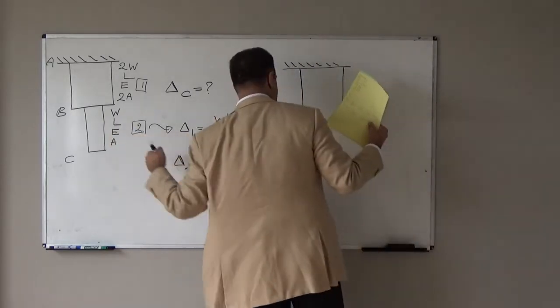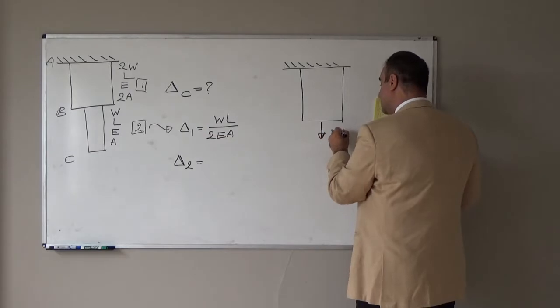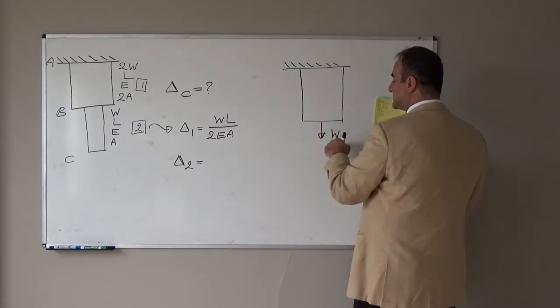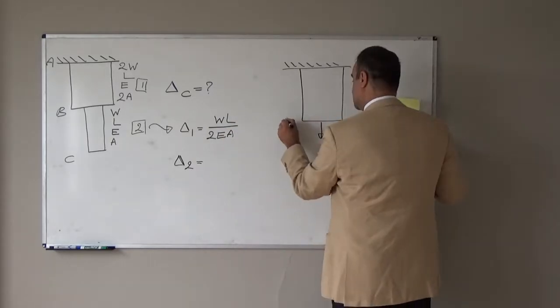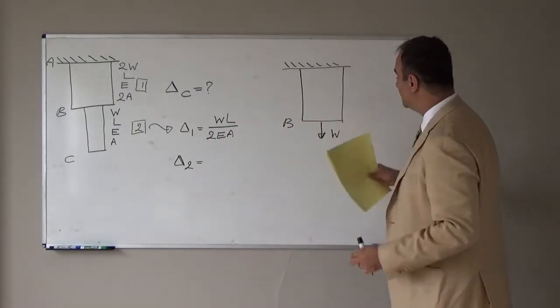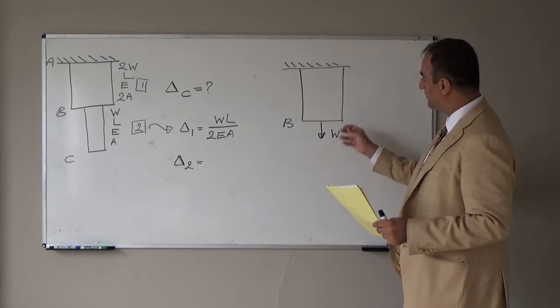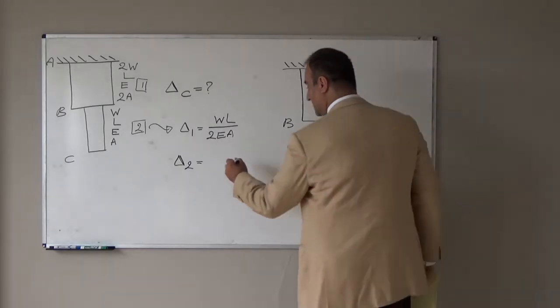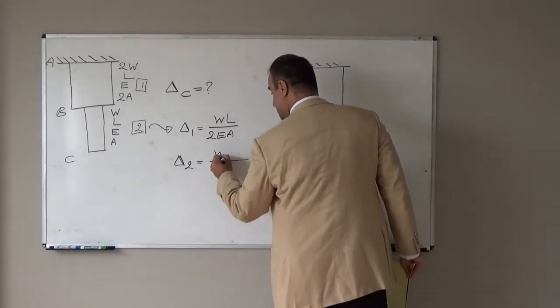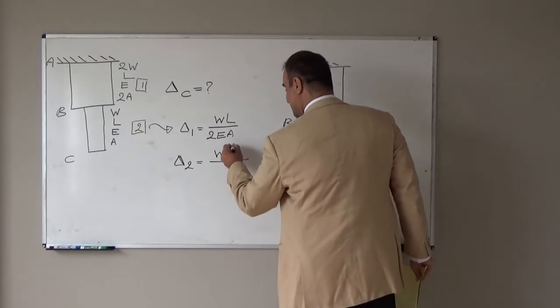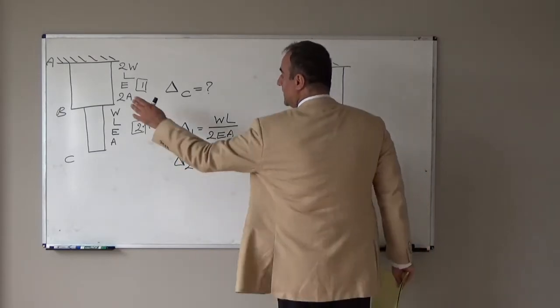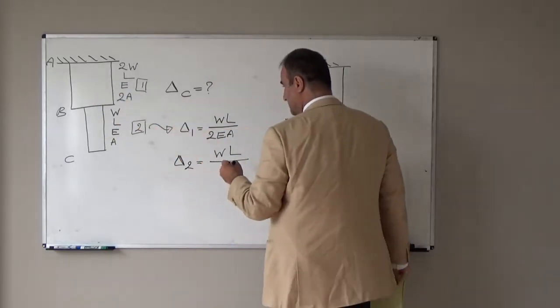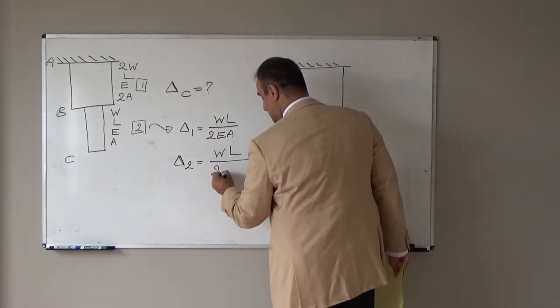This load, entire load W here, is like an external load at point B. So, if we have external load W at the end, what will be the deformation? It will be external load times the length divided by EA of this part. EA of this part is 2EA.